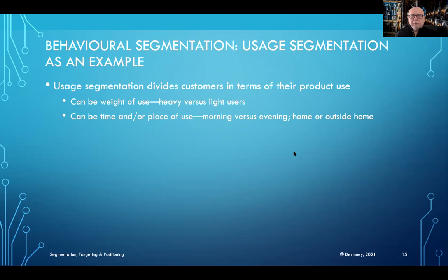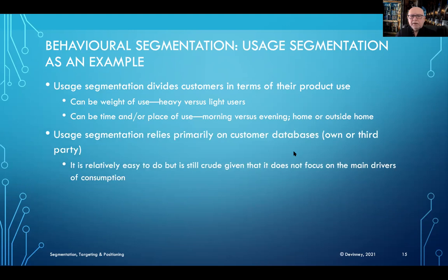You can think about usage segmentation. So customers are looking at usage data. You can think about things like heavy users versus light users. You can think about time and place of use, right? Inside the home, outside the home, with the network, outside the network. All these sorts of things become available. This is why Google makes so much money.